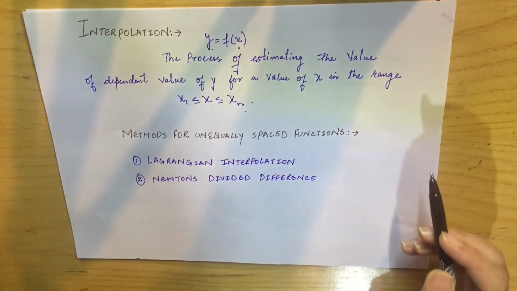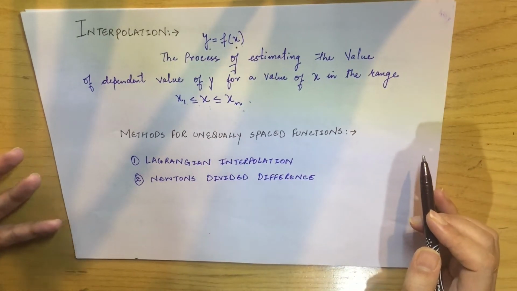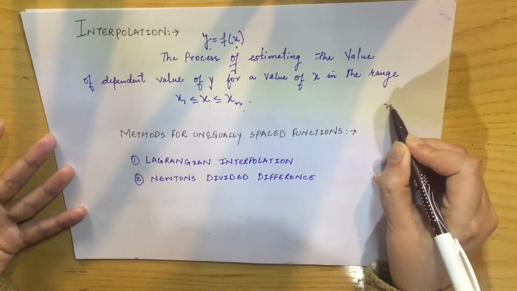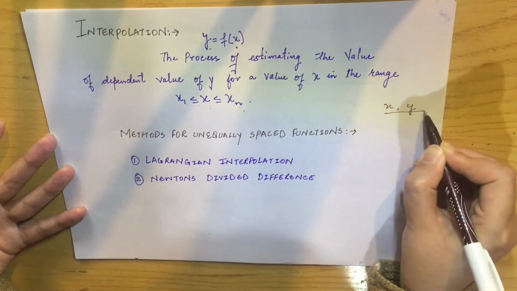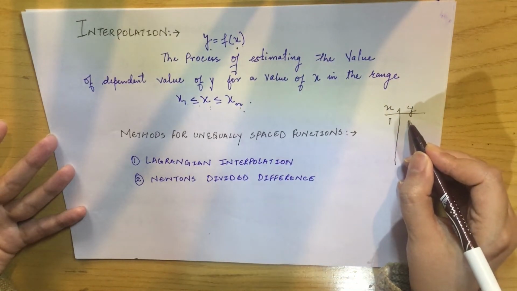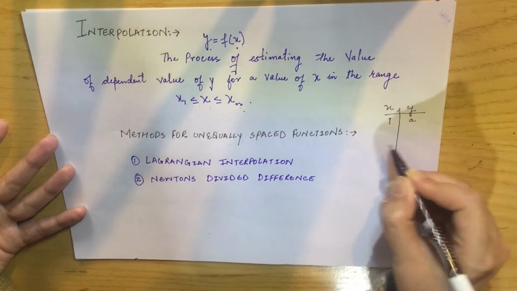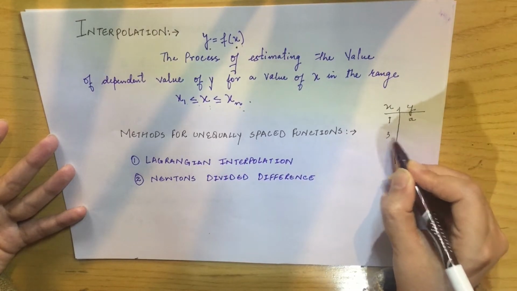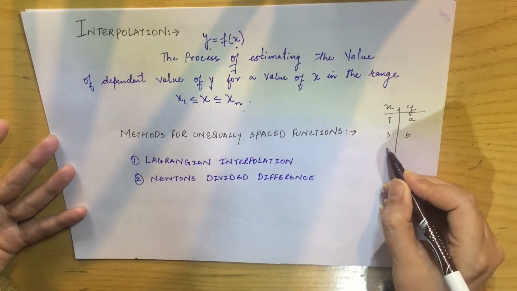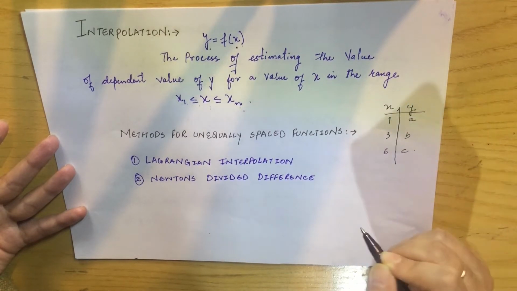That means suppose we are given a set of points, say for example, the points as x and y. For example, x is 1 and we have the y value as some a, and at x is equal to 3 we have some y value as b, and at x is equal to 6 we have some y value as c.